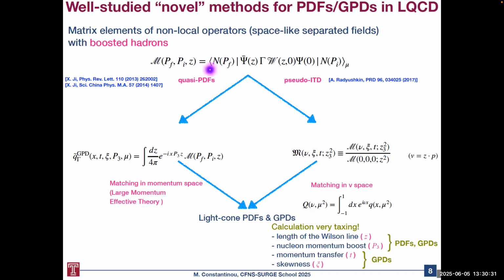We produce them as matrix elements, a non-local operator with a Wilson line, external states boosted, and analyzing quasi-PDFs means you do a Fourier transform on that to go to x space.